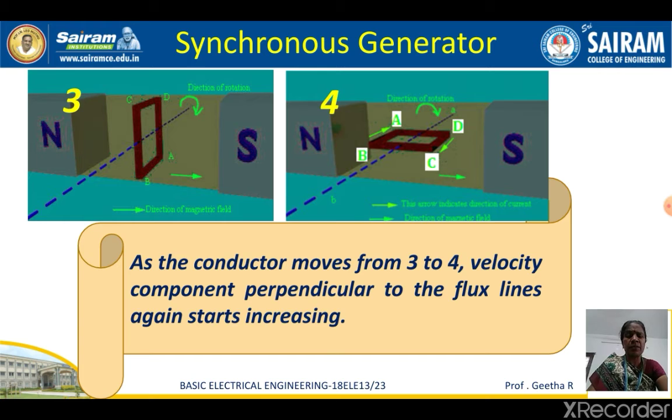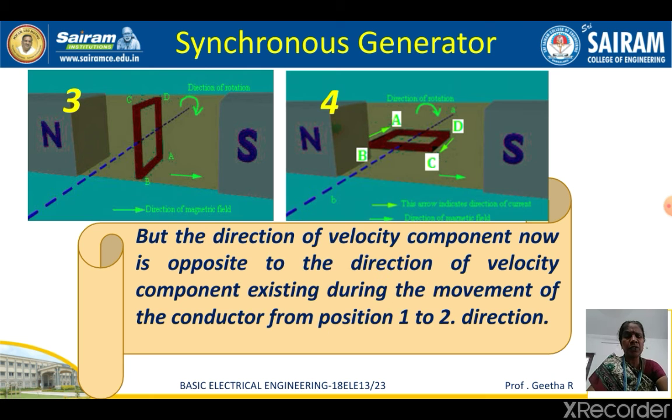As the conductor moves from position 3 to position 4, again the velocity component starts becoming perpendicular to the flux lines, so how much it produces change in the flux starts increasing. But the direction of the velocity component is now opposite to the direction during the movement from position 1 to 2.